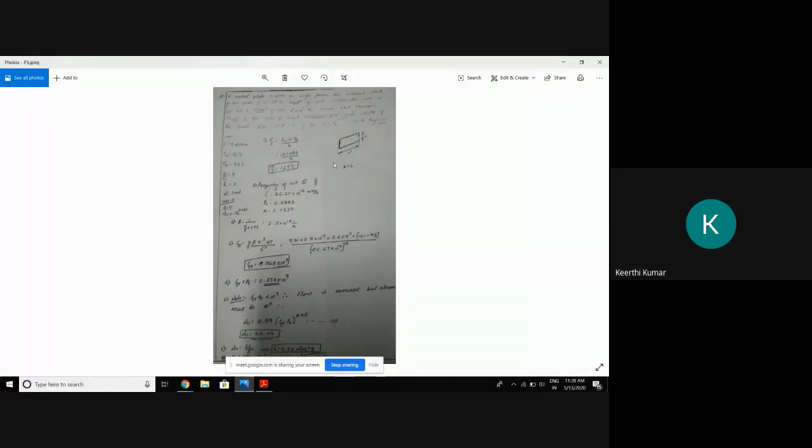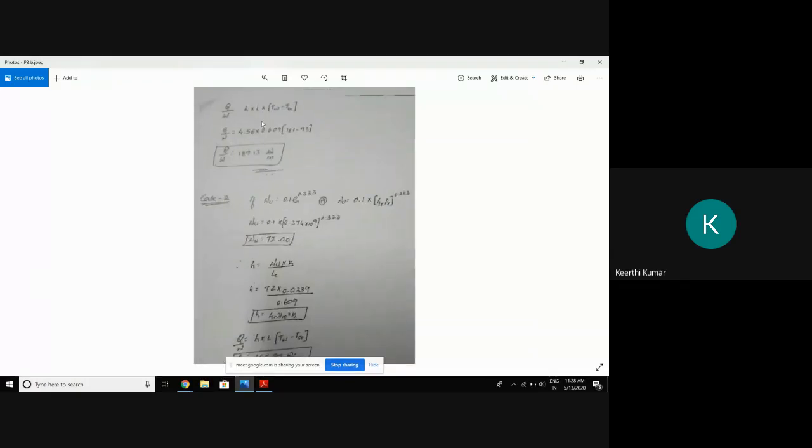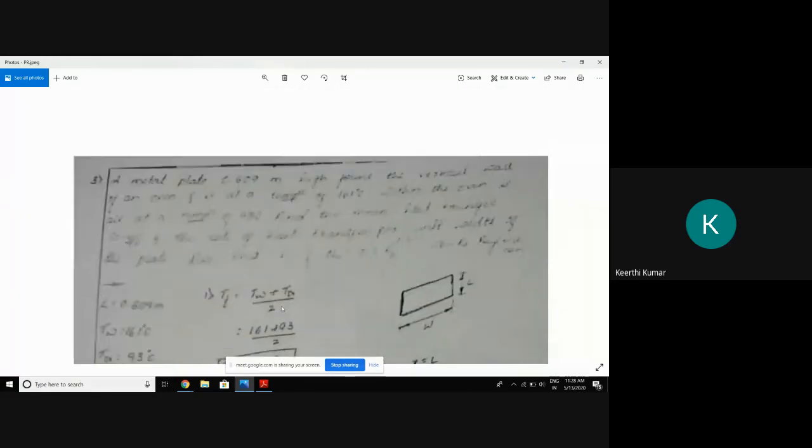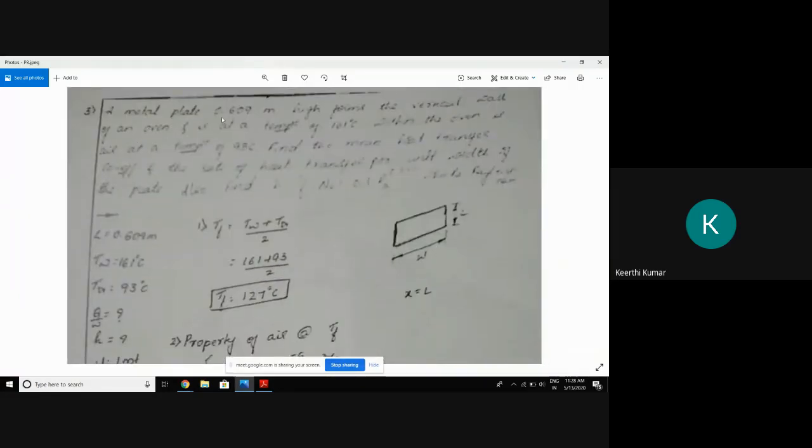This next problem is not similar to the previous first problem. I have just rotated the plate by 90 degrees. Check out here, this is the question. The metal plate of 0.609 meter length forms the vertical wall of an oven and is at a temperature of 161 degrees centigrade.